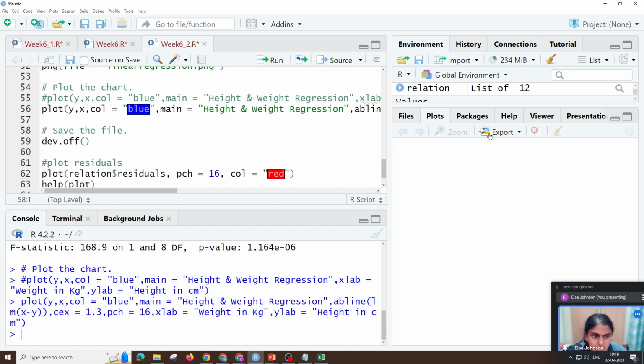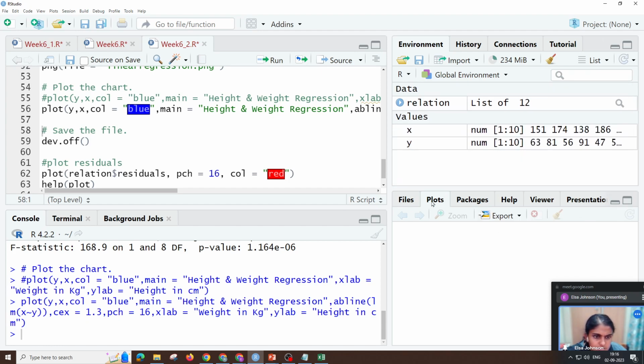The plot is not coming right now. Wait a moment, there is some problem with that.